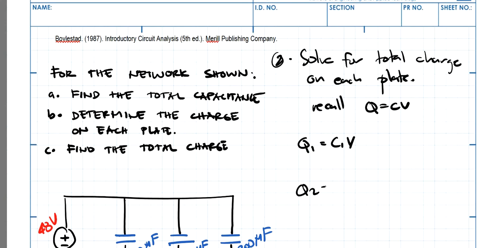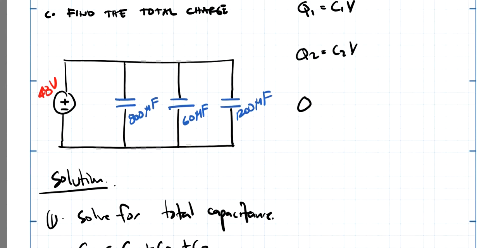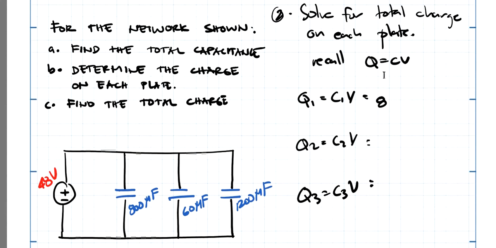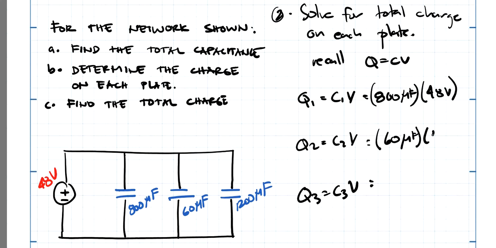Q2 is C2 times the voltage, and Q3 is equal to C3 times the voltage. Let's substitute the values. C1 is 800 microfarads times 48 volts. Q2 is 60 microfarads times 48 volts, and Q3 is 1200 microfarads times 48 volts.